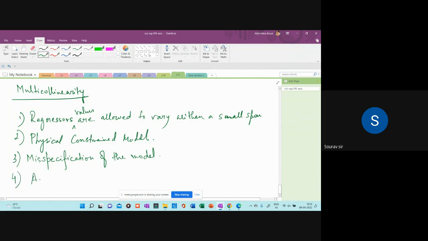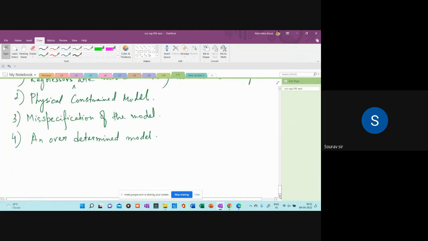Next is an overdetermined model. An overdetermined model is basically when the number of observations is less than the number of covariates. Suppose we are collecting data on the number of people suffering from a rare disease.